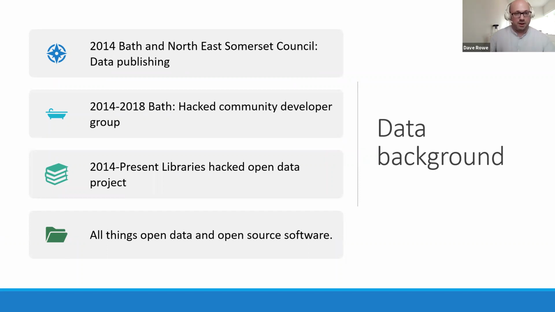And so a bit of my data background. In 2014, I joined as software developer at Bath and North East Somerset Council, which is a local council in the southwest of England. And maybe unofficially, my role started to become a data publisher. There was a big open data program going on in Bath at that time.